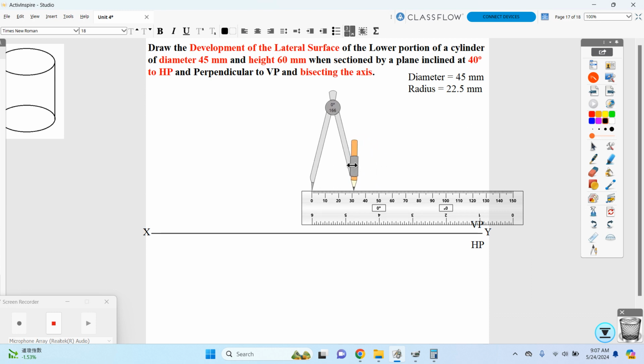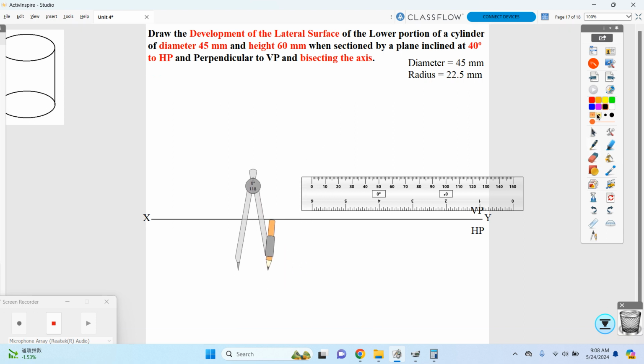Now what we are going to do over here is take our compass and place it over here, measuring 22.5 mm, which means it will be over here. So I am going to develop my circle over here. Okay, I have developed my circle.